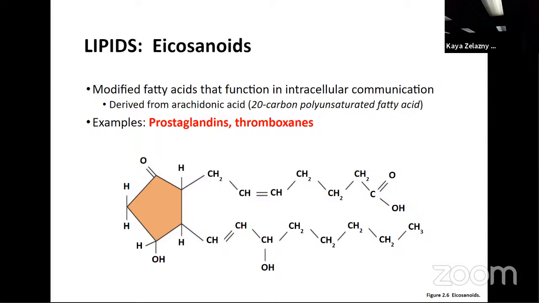They're basically a modified fatty acid that does play a role when cells are communicating with each other. We won't really talk about this group as a whole again in the future, but we will see some examples of them when we talk about signaling. That'll come in when we are thinking about hormones and different physiological processes. So prostaglandins are an example, thromboxanes are an example.